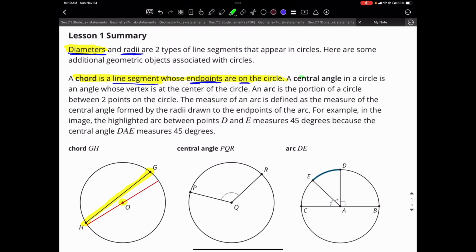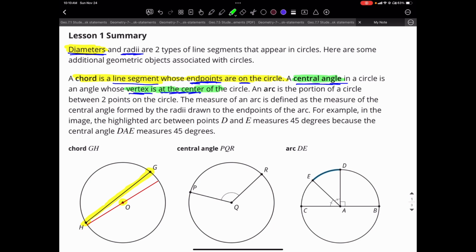A central angle in a circle is an angle whose vertex is at the center of the circle, right? So vertex at the center. So let me underline that too. Vertex at the center, and that's a central angle.